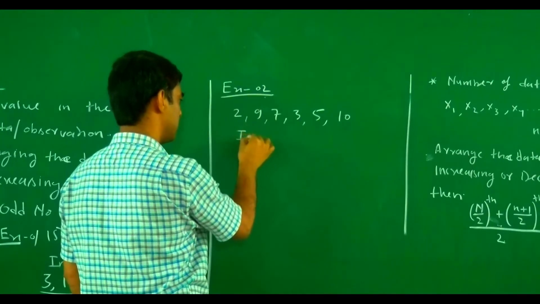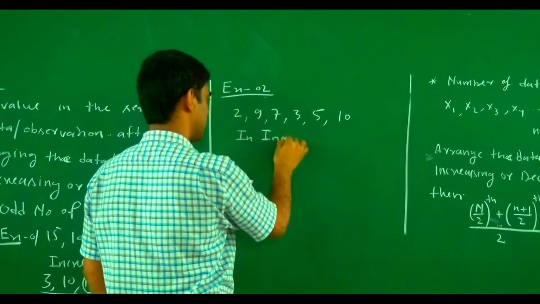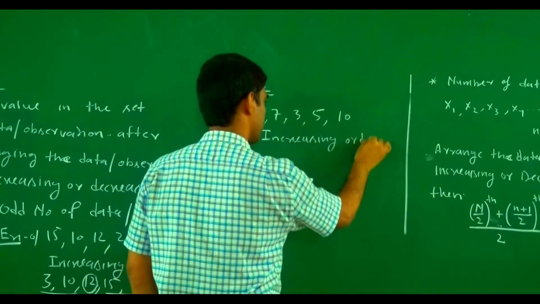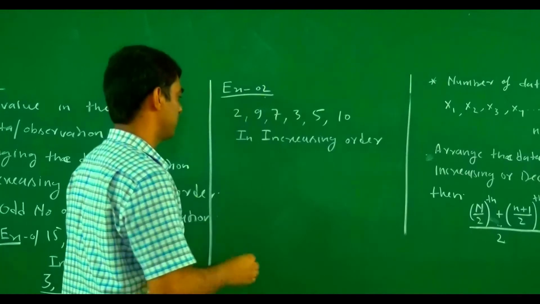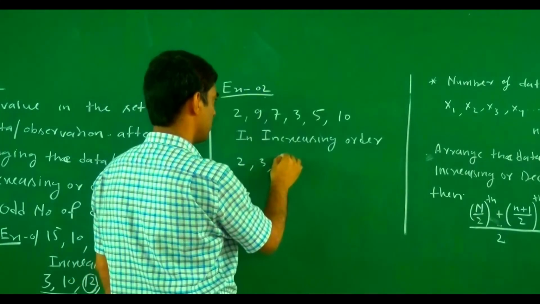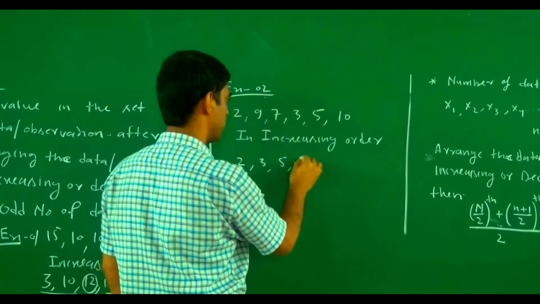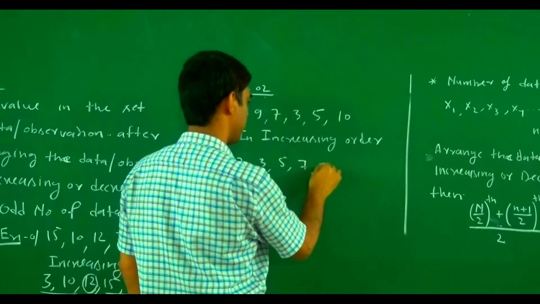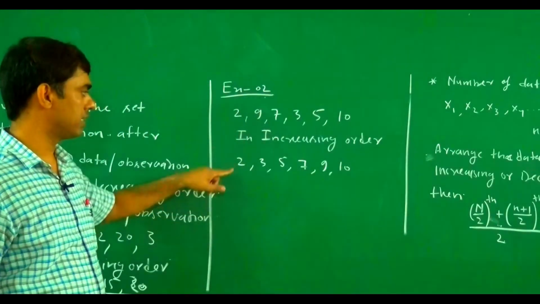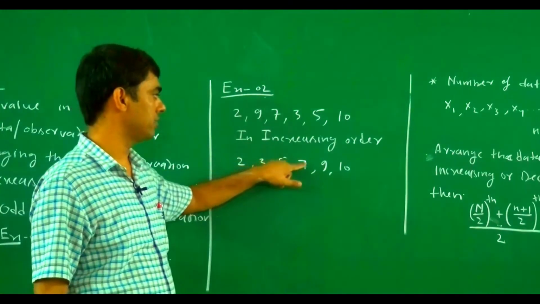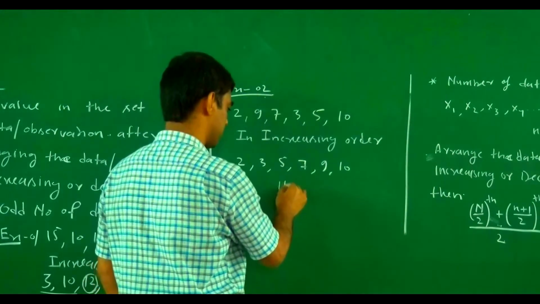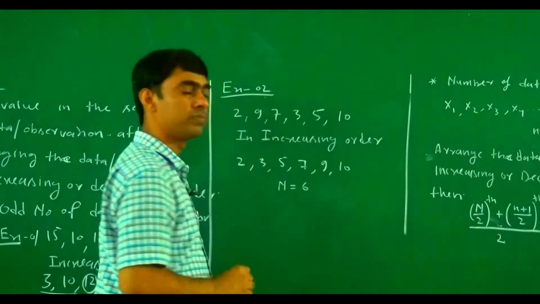In increasing order the values become 2, 3, 5, 7, 9, and 10. How many data are there? 1, 2, 3, 4, 5, 6. So what is the value of n? n equals 6.